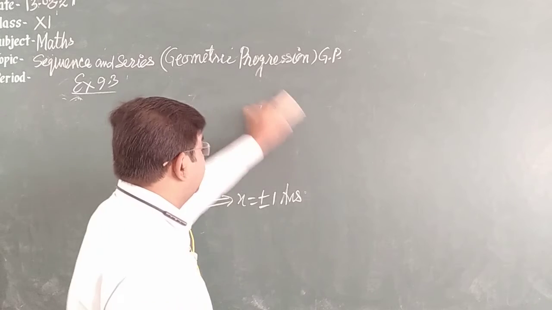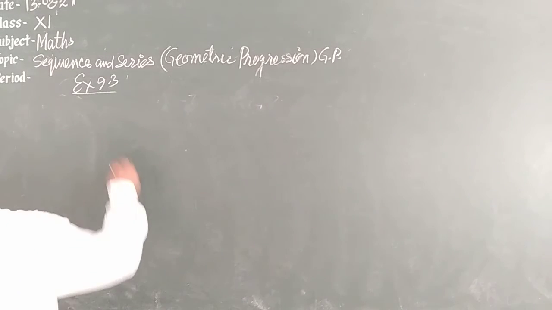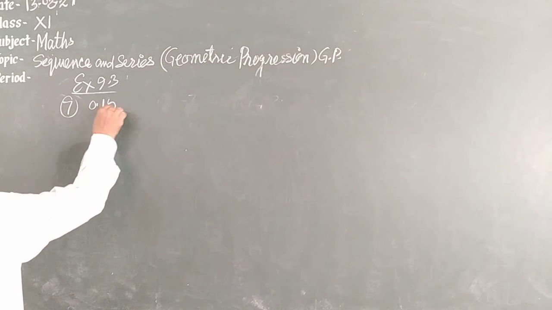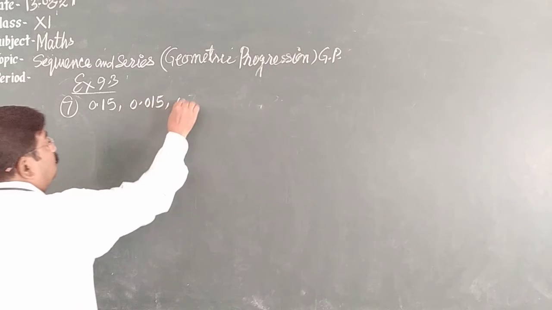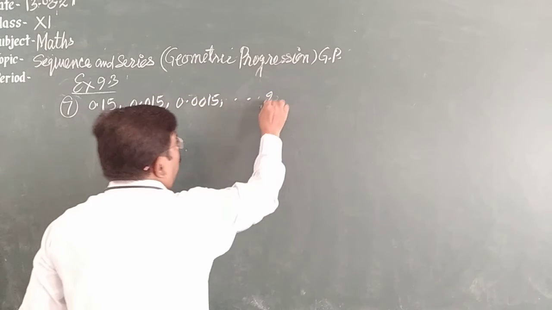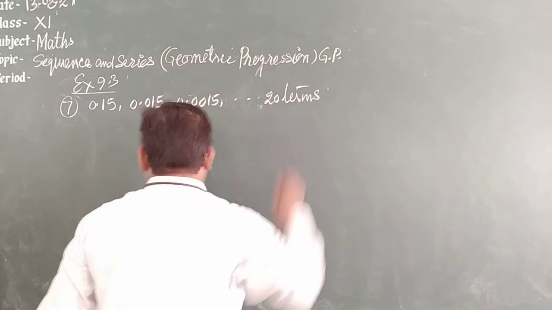In question number 7, we are given 0.15, 0.015, 0.0015 and so on to 20 terms.